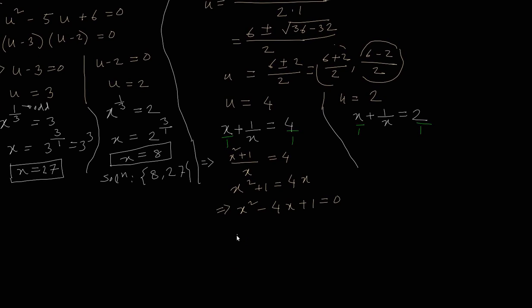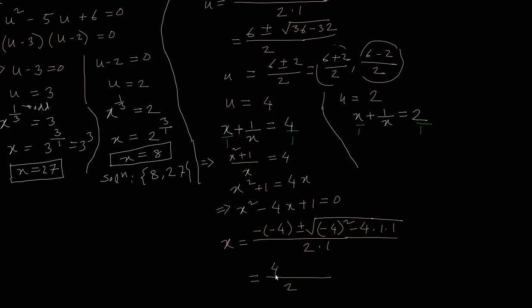Again I am going to use the quadratic formula. So x equals minus b, which is negative 4, plus minus the square root of b squared, negative 4 squared, minus 4a, where a is 1 and c is 1, over 2a. Okay, so I have denominator 2, and negative 4 becomes positive 4 plus minus the square root of 16 minus 4.